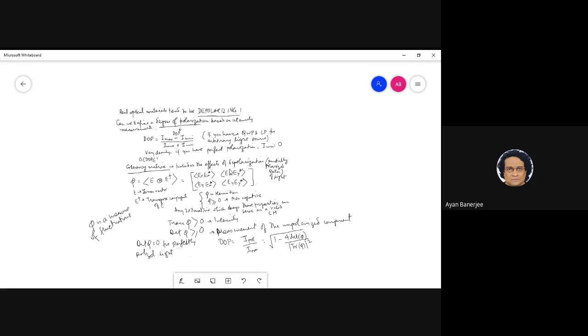It is indeed the coherency matrix which is a more complete treatment of the polarization, and the information about polarization is much more apparent in the coherency matrix compared to the Jones matrix, which deals only with pure states.